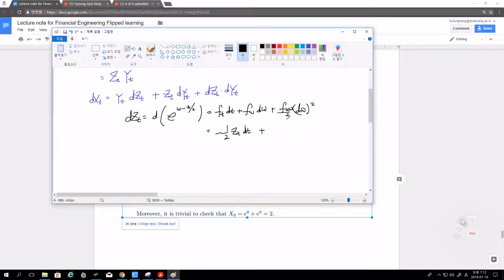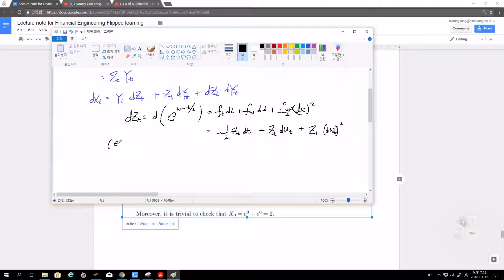So this part is z, so zt dwt, and if we take the derivative again, then basically we have the same thing, right? So zt, but now wt square, right?